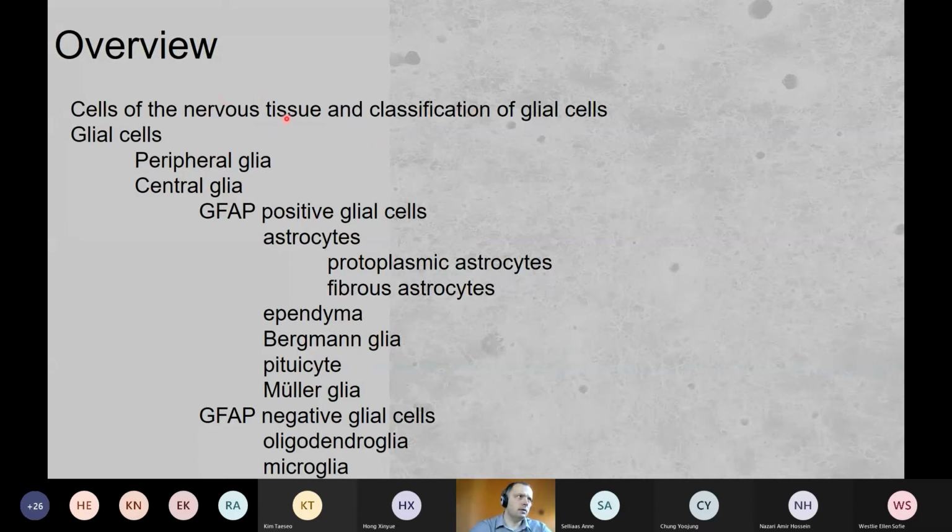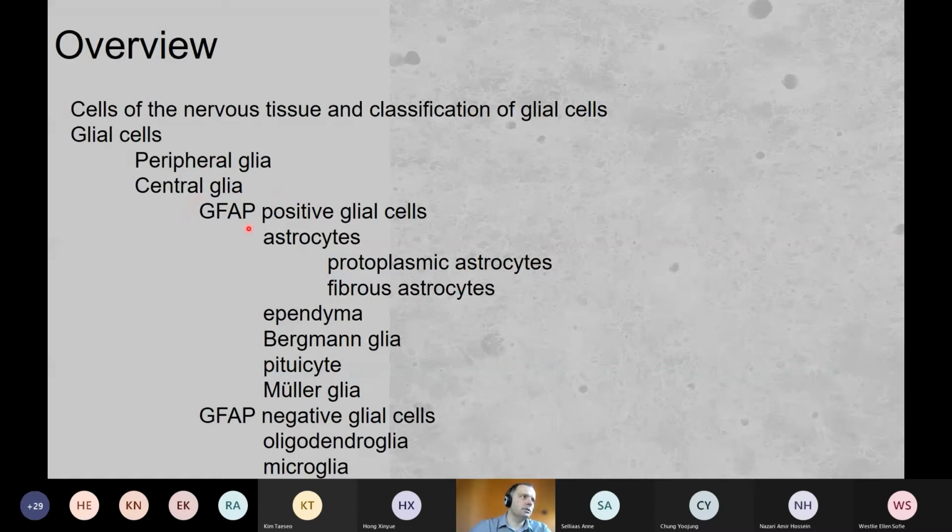In the beginning, I would like to remind you that the nervous tissue is made up of nerve cells and glial cells, and I will classify the glial cells. Then we will go step by step and discuss briefly the peripheral glial cells. I will focus more today on the central glial cells, where we will define two main groups.